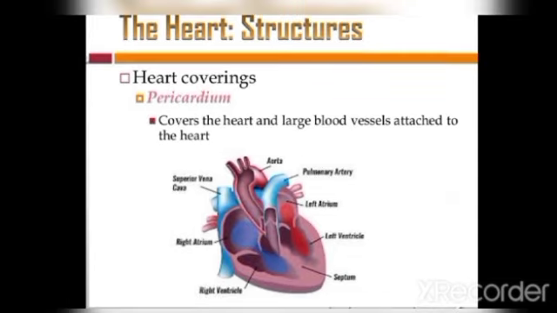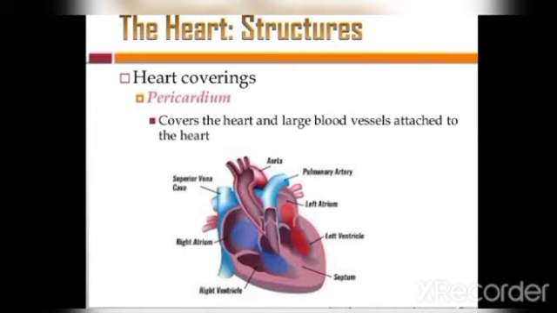And children, it is the size of a fist and is shaped like a cone. Its walls are formed of cardiac muscle. These muscles contract and relax tirelessly throughout life because of cardiac muscle. The heart beats continuously and pumps blood into the arteries.